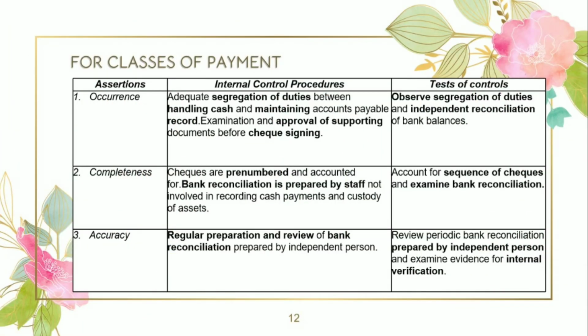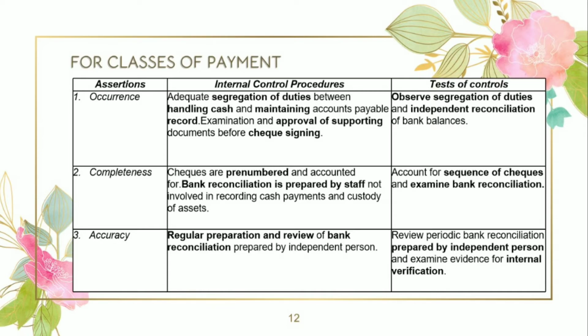For the class of payment, it also starts with occurrence. The control is segregation of duties between handling cash and maintaining the accounts payable record, and examination and approval of supporting documents before the check is signed. The test is observation of segregation of duties and independent reconciliation of the bank balance.